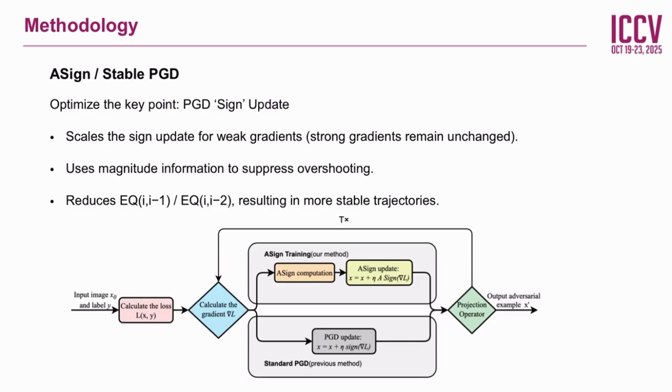In addition, we use the magnitude information to suppress overshooting, which is a common issue in adversarial training. This is how the model avoids making overly large steps that can destabilize the training process.